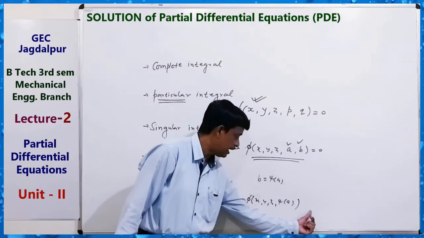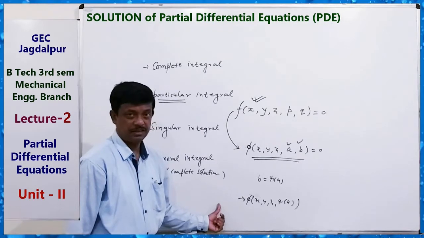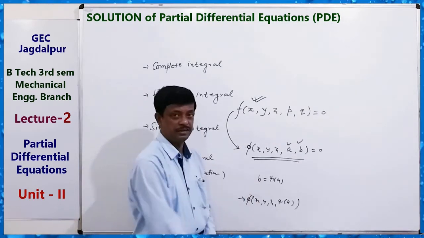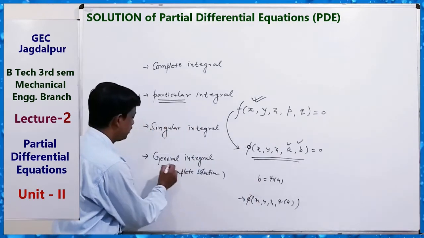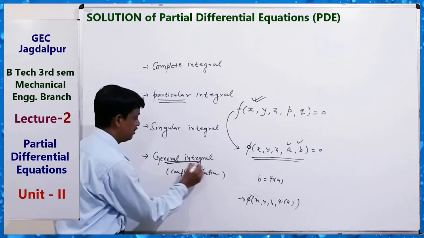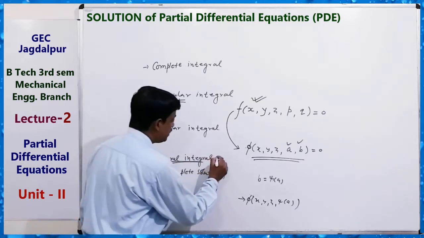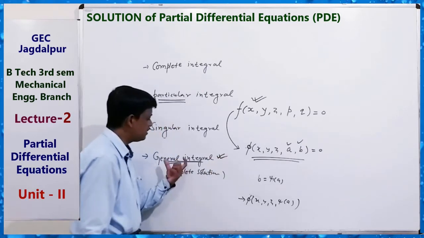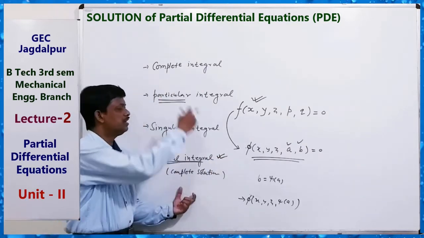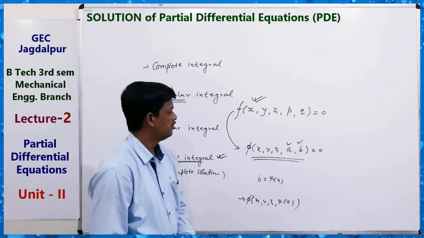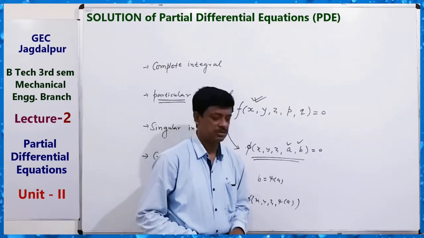If we find the envelope of this, then that is called the general integral. So the general integral, complete solution and complete integral contain arbitrary constants.